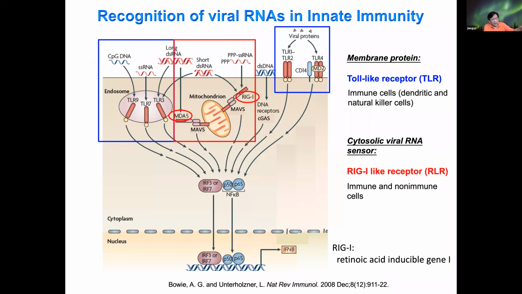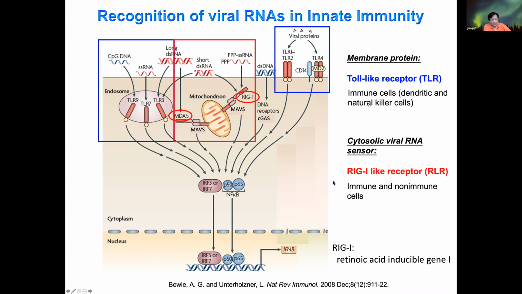This signature can be detected either on the cell surface by toll-like receptors or in the endosomes. Or if the virus is inside the cell and its genome is being replicated, its RNA signature can be detected by intracellular RNA sensors, called RIG-I-like receptors.